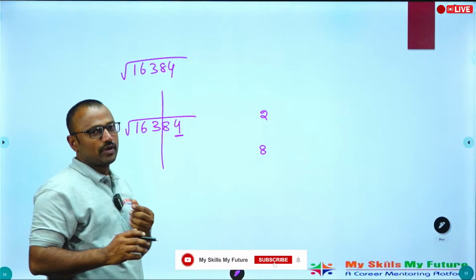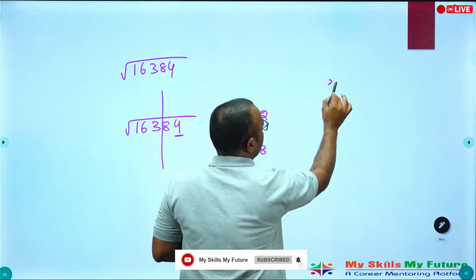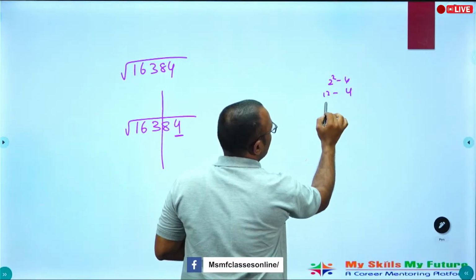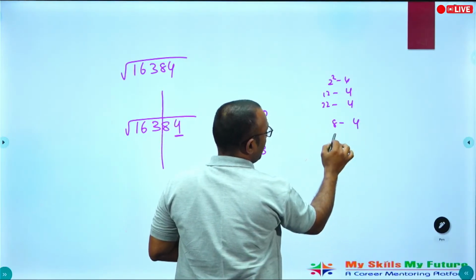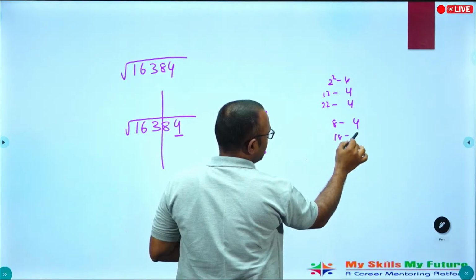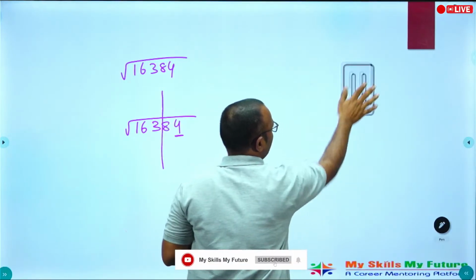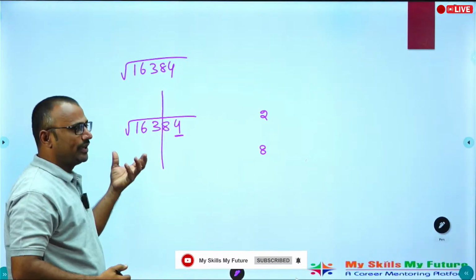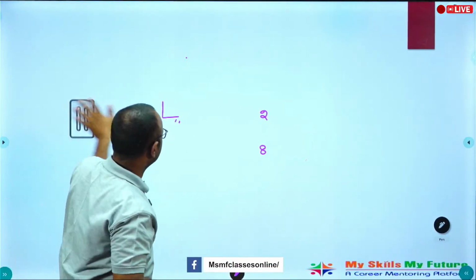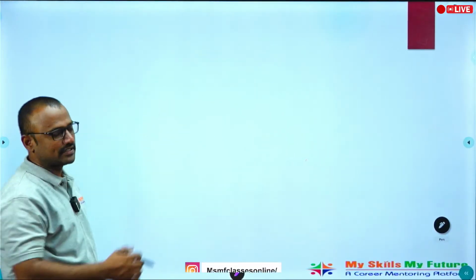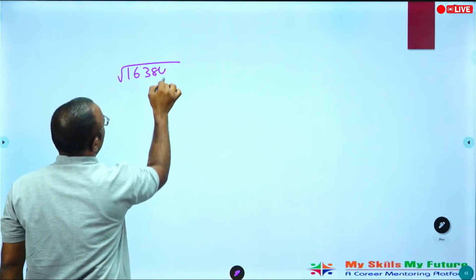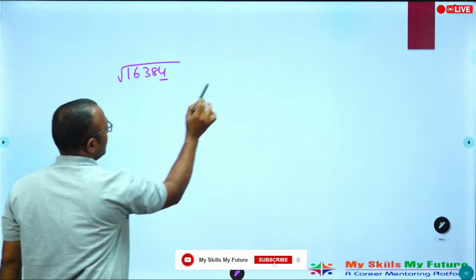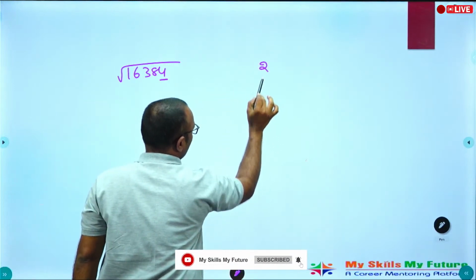Because 2 square ends with 4, 12 square ends with 4, 22 square ends with 4, 8 square ends with 4, 18 square ends with 4. We already discussed this. Once again, the number is root 16384. Here the unit digit is 4, so the number ends with 2 or 8.